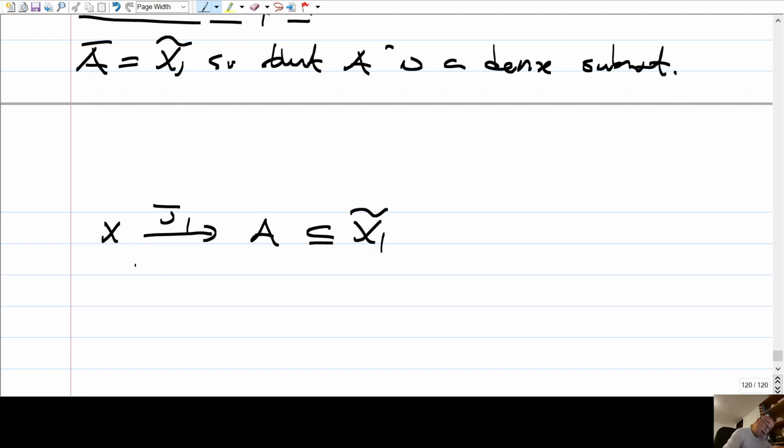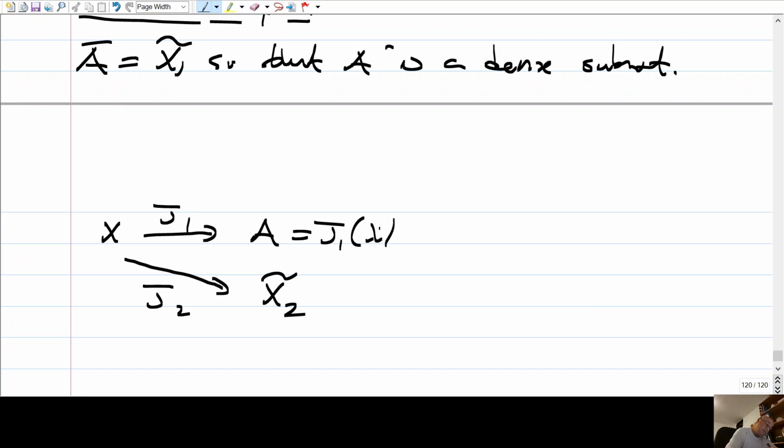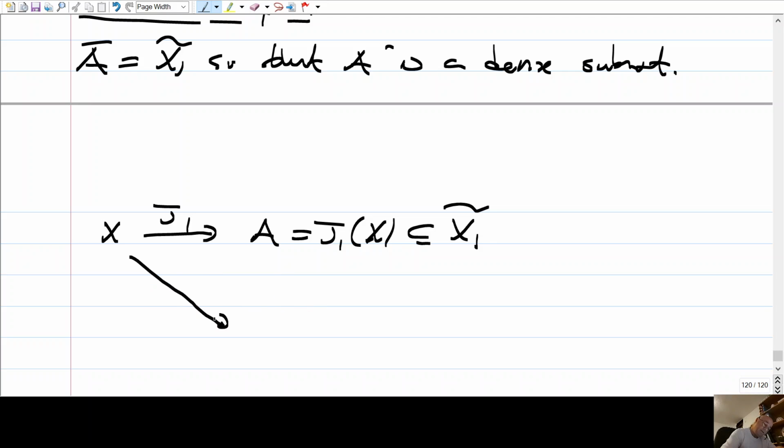But you see, I have a map from x into x2 tilde, J2.